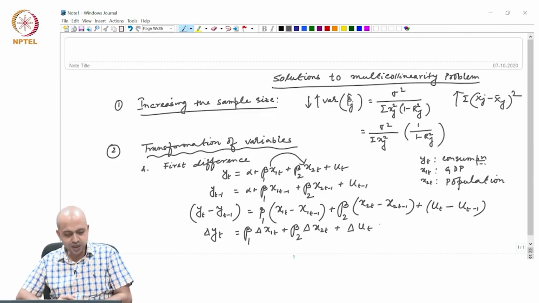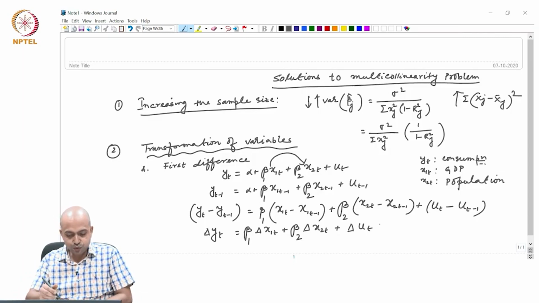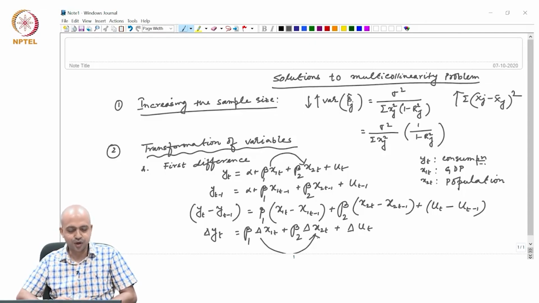That means just because x 1 t is correlated with x 2 t, we cannot say that delta x 1 t would be correlated with delta x 2 t, and even if they are, the severity of the correlation would be much lower when you take the difference. So, by doing the transformation, if you have time series data, when you take the first difference, the severity of the multicollinearity problem goes down.